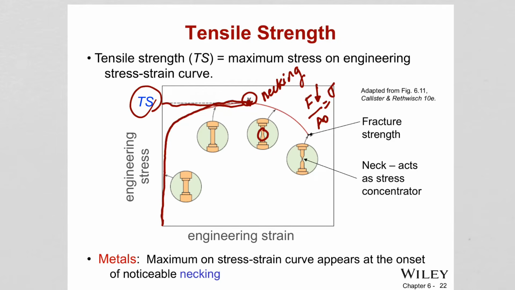It was force over original cross-sectional area. Since force is lowering because the device needs to apply less force now, the stress also lowers. So that's why when necking starts, we see a decrease in the stress. Okay, until a certain point, at a certain strain, the material breaks. We call that point the fracture strength.